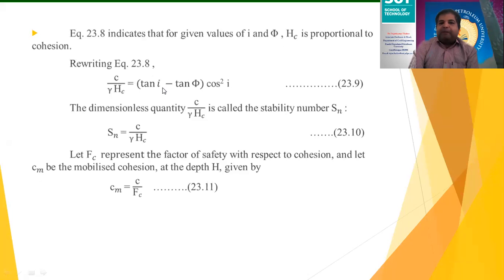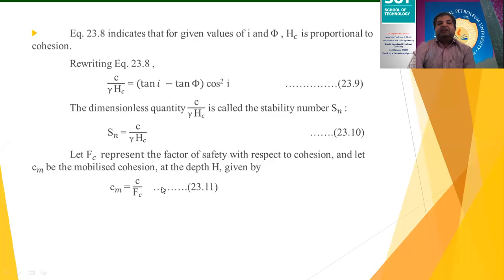So i is the slope angle, and phi you can determine from experiments. These are constant values. This is a dimensionless quantity, and I am denoting it with the notation called the stability number, S suffix small n. So Sn will become C upon gamma into Hc.